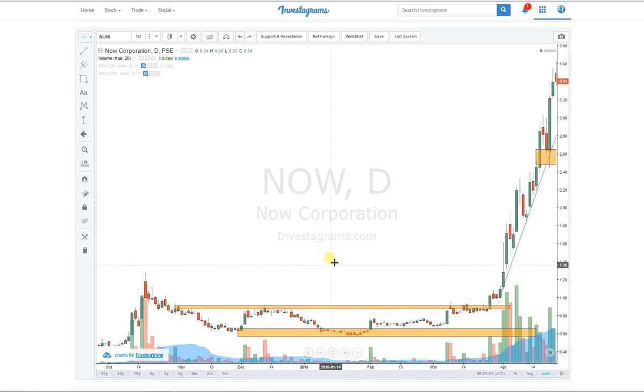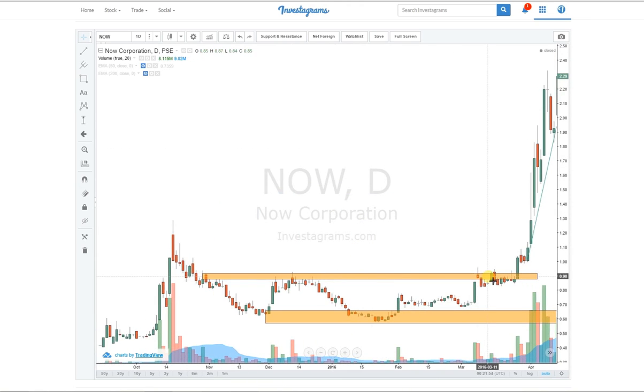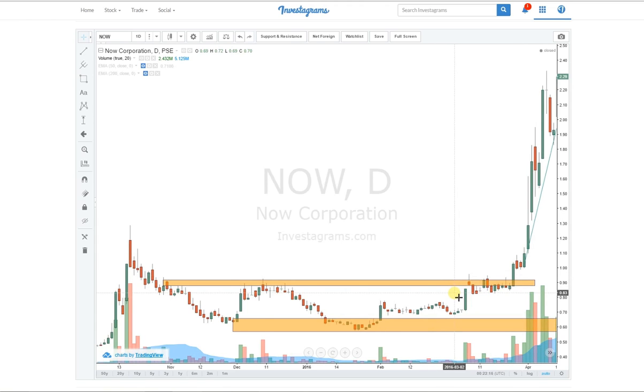So on the second retry here, it's stalling a bit, but then you observe that, hey, prices are holding up around the resistance. So what does that mean? The buyers are becoming more aggressive, right? Instead of pushing prices back to 70 or 60 cents, the prices are now holding above 80 cents.